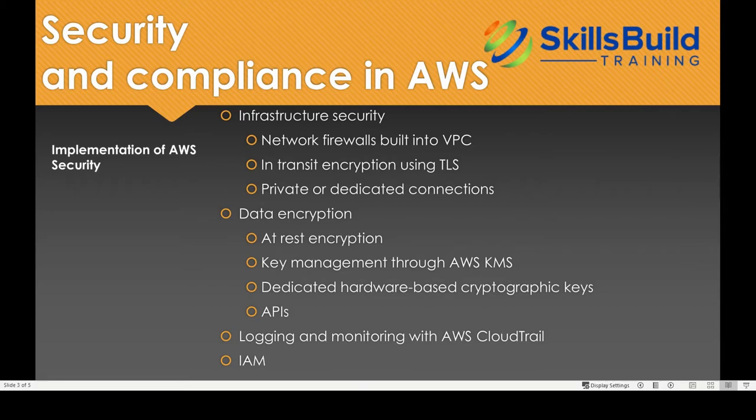Key management through AWS KMS. You can choose whether to control the keys or let AWS do that for you. Dedicated hardware-based cryptographic key storage using AWS CloudHSM service. And we have APIs to integrate AWS security into any applications you create.